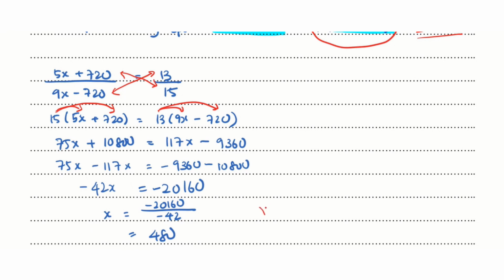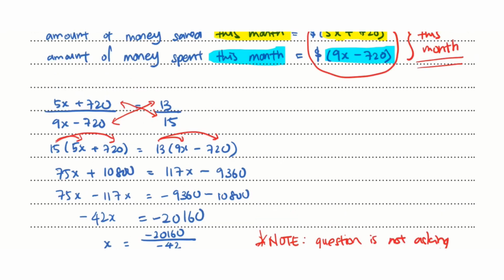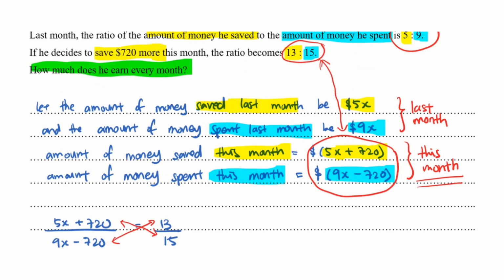But I want us to all take note that the question is not asking for the value of x. This is a very common mistake, that you just stop your answer over here. So let us go back to what the question wants. The question wants us to find out how much he earns every month.